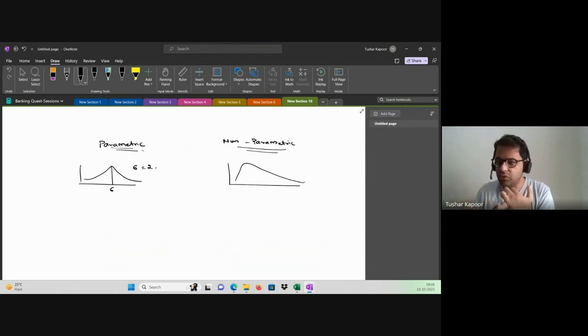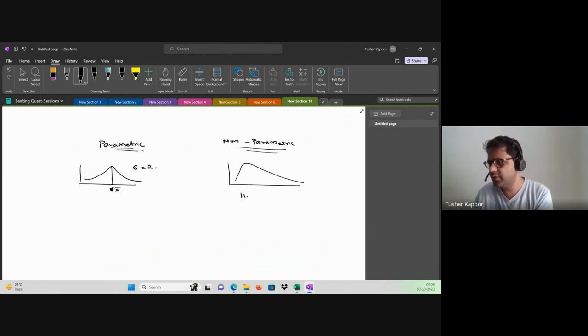You're not making any assumption on the mean. You're not making any assumption on the standard deviation. Whatever comes out of this raw data would be the mean and the standard deviation. Even if the mean and standard deviation look far, far apart from the ones you have calculated through a parameter, let it be. So when we use historical data to forecast, that is where things are more non-parametric.